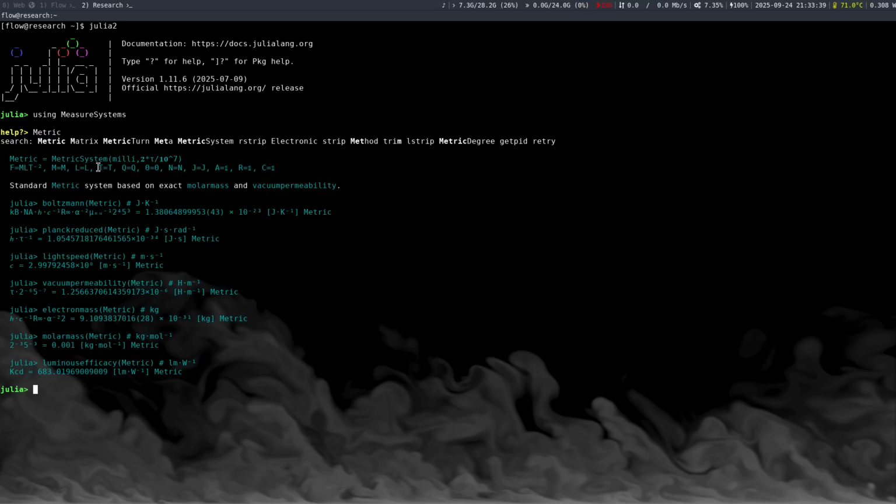Do you just want floating point numbers, or do you want a sophisticated uncertainty calculation in your units? Those are different options you can take when you decide which package to load.